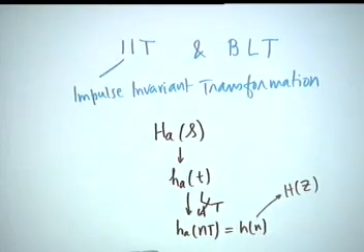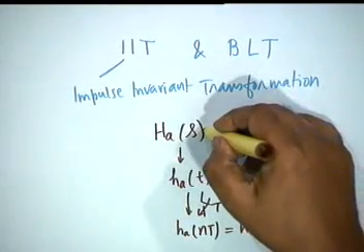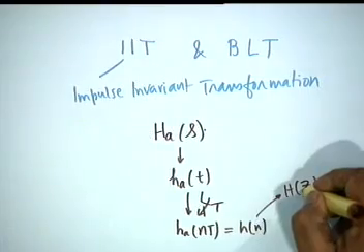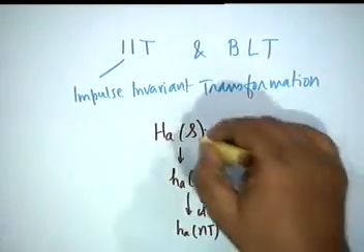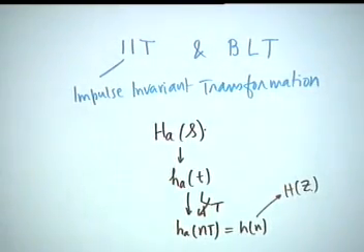So, the relationship between the analog filter and the digital filter: you have derived H of z from H A of s. The distinctive characteristic is that the impulse response remains invariant.